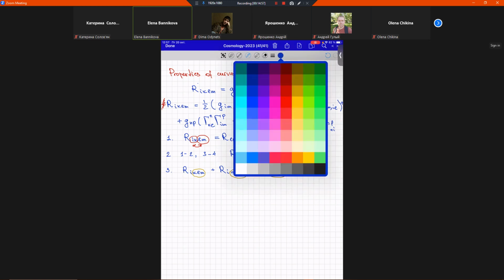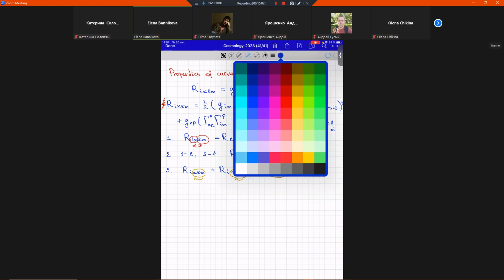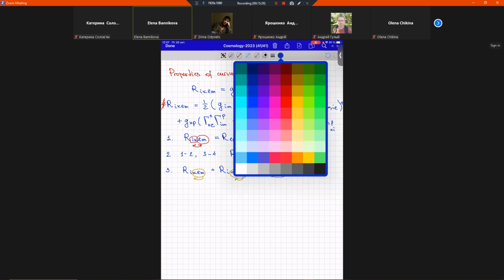It means that this goes in the front, this goes in the front. And finally, if we consider the sum, it will be equal to 0. In principle it is an equality, so you can put it like this even. So it also can be seen very easily if we consider again this expression.